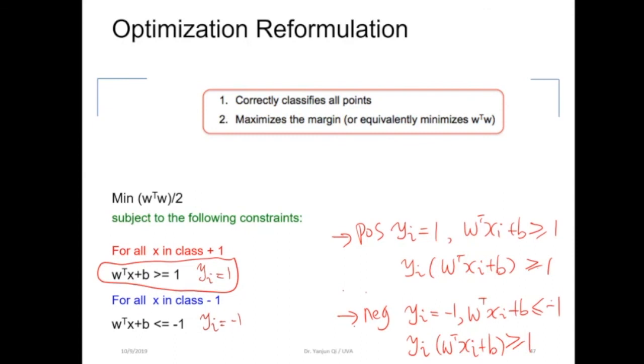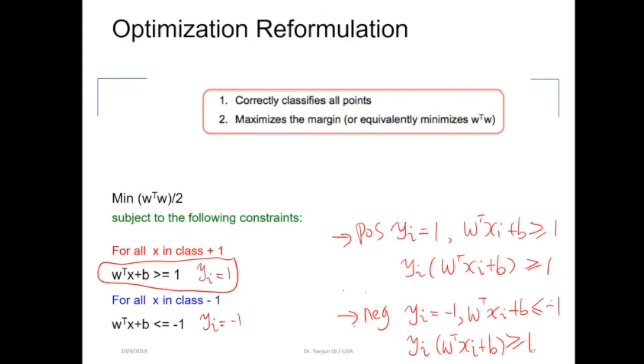It's very easy. When yi is the positive class, this gives you larger or equal to 1, right? You want to guarantee that. And this changes to the formulation yi times w transpose xi plus b larger or equal to 1.